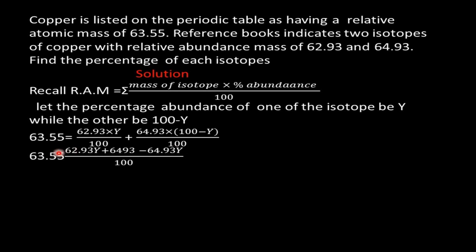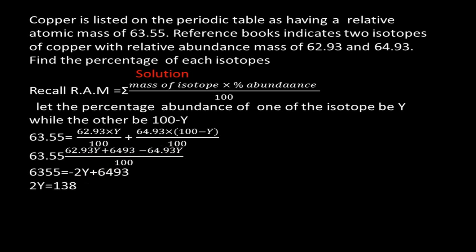So you have 63.55 equal to 62.93 times Y plus, expanding this bracket, you have 6,493 minus 64.93Y over 100. So we cross multiply. We have 6,355 equal to 6,493 minus 2Y. So 62.93Y minus 64.93Y gives us minus 2Y.